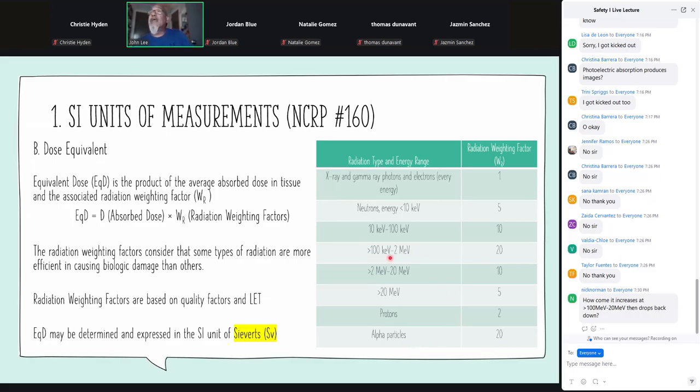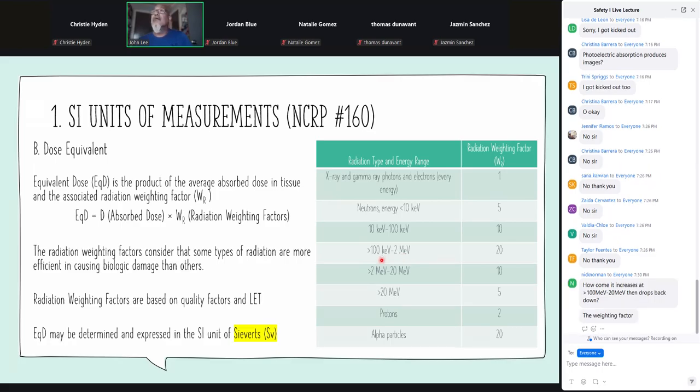So greater than 100. Wait. I think that's why. Because that's greater than 100 keV to 2 MeV, and then it's greater than 2 MeV to 20 MeV, and then greater than 20 MeV.